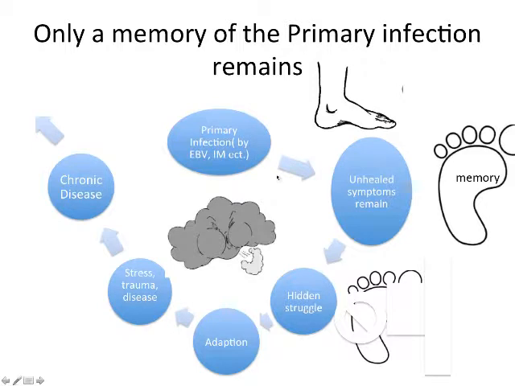He had mononucleosis, but it doesn't look exactly like it. And he adapts. There's more stress and trauma, and the next thing you know he has a chronic disease, okay? So this idea of an imprint is left, that it's not exactly the same thing. That's what you need to get out of this.